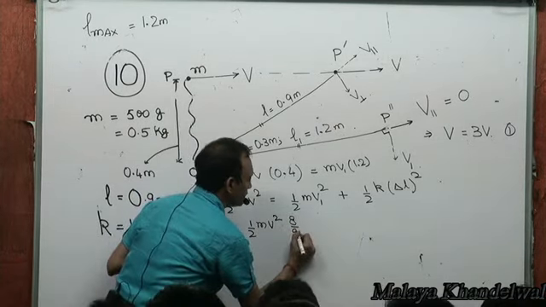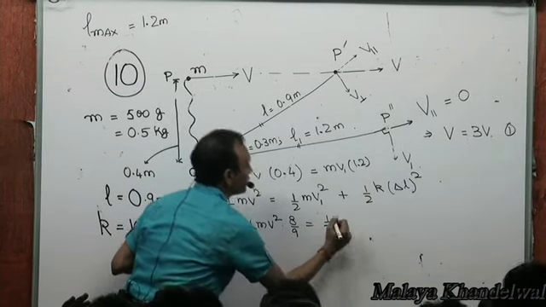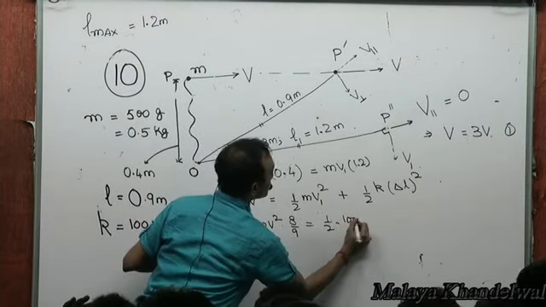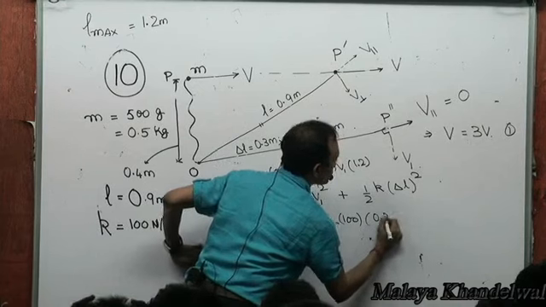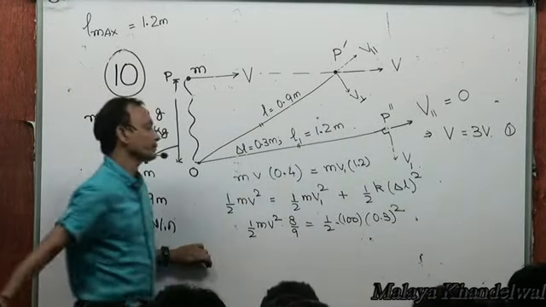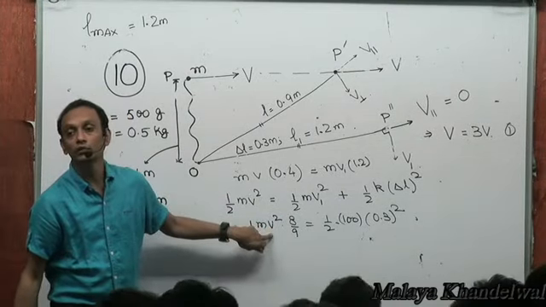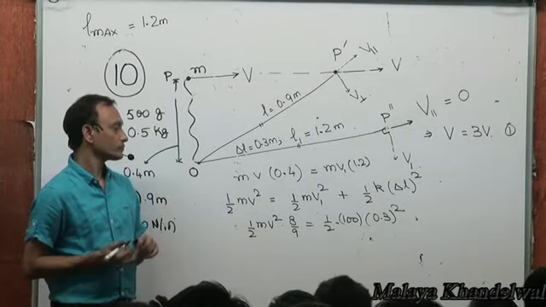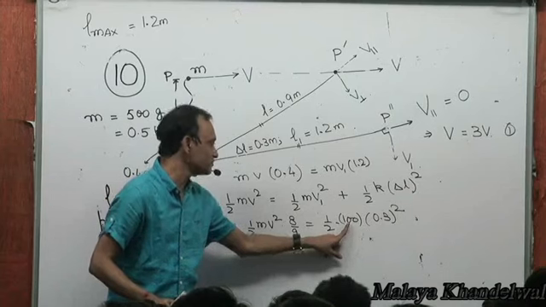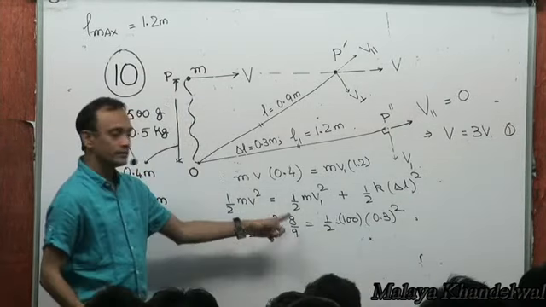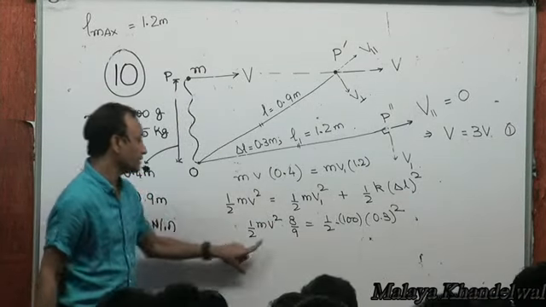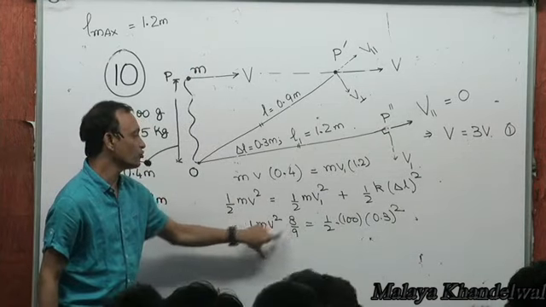So 8 by 9 is half of k, which is 100, right? Into delta L, which is 0.3 squared. Plug in the values, m is 0.5, etc., and solve for V. When you take the square root, it will be simple because 10 into 0.3, etc. And then this will be 3, this will be 4, so 2, etc.